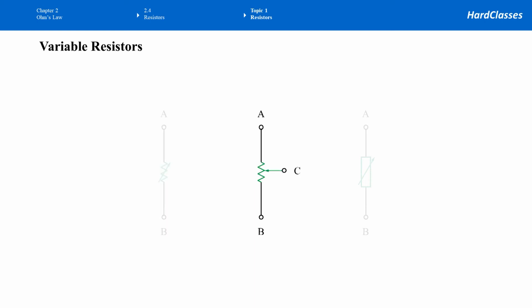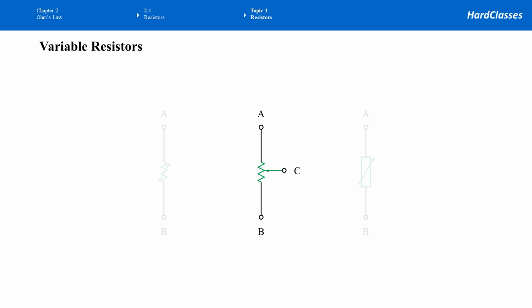The second symbol also represents a type of variable resistor. This kind of resistor is called a potentiometer. It's a device. The user can change its structure manually so its value changes. As you can see, there are 3 terminals. Both sides are the A and B terminals, and in the center there is the third terminal C. The third terminal connects to an arrow which represents a slider.